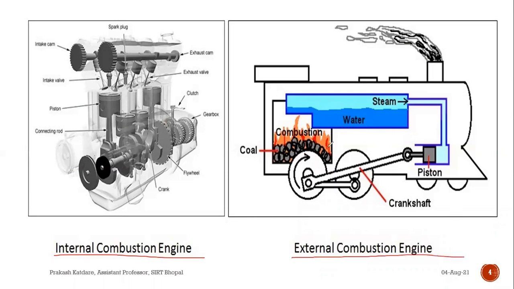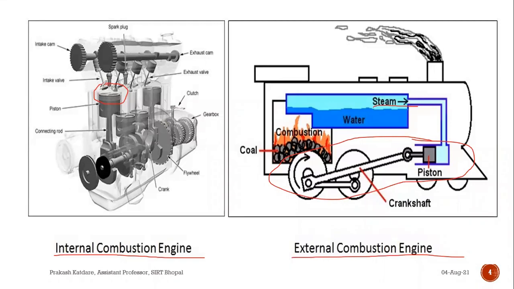So in external combustion engine, we are using the heat which is generated by the products of combustion to convert water into steam, and with the help of this steam, our engine is running. And in this, we are using gasoline or petrol as a fuel, and the combustion takes place in the combustion chamber, which is inside the engine cylinder. So this is the basic difference between external and internal combustion engine.